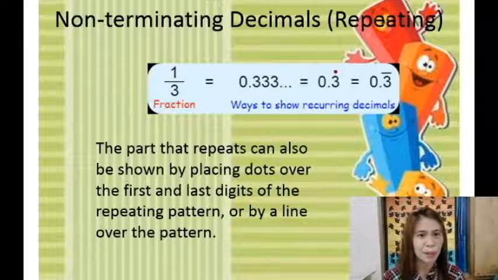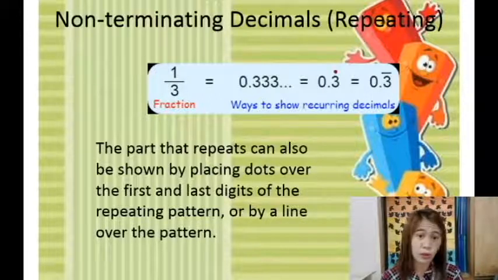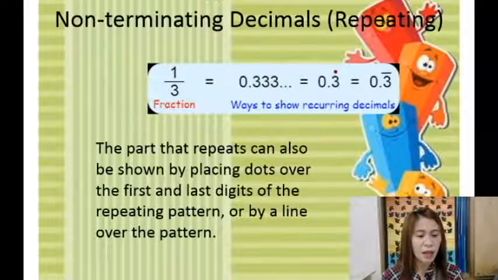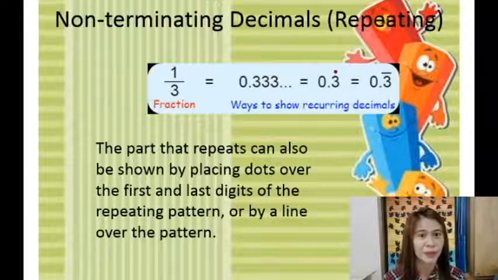Here is an example: 1/3 is equal to 0.333 with an ellipsis, or it is the same as 0.3 with a dot over the repeating number, or you can use a vinculum, a line over the repeating digit. It is your choice which to use.